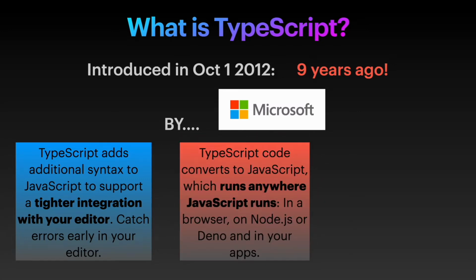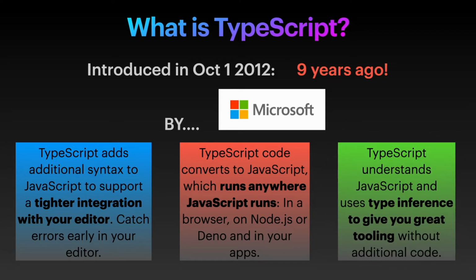Secondly, TypeScript code converts to JavaScript, which runs anywhere JavaScript runs, in a browser or on Node.js or Deno, and in your apps. So pretty much anywhere JavaScript runs, you can run TypeScript there.